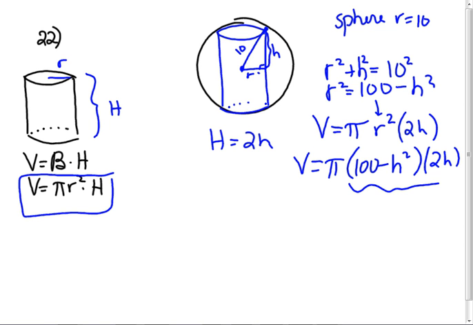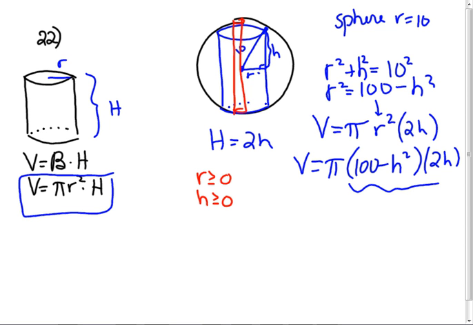Take the derivative, a nice continuous function. Is it a closed interval? Well, here's the smallest radius I could have for my cylinder. What does r have to be? Well, that doesn't help me. r has got to be positive. What about h? h has to be positive, right?